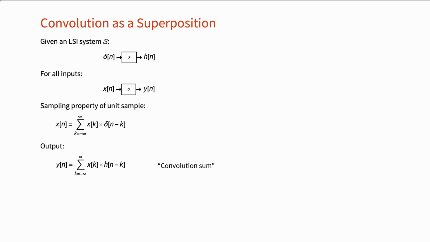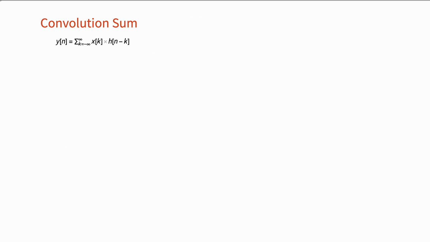Let's focus a bit more on this convolution summation. We can easily show that this convolution summation, the convolution of x[n] and h[n], is also equal to the summation shown here, which is the convolution between h[n] and x[n]. Basically, the convolution operation is commutative.